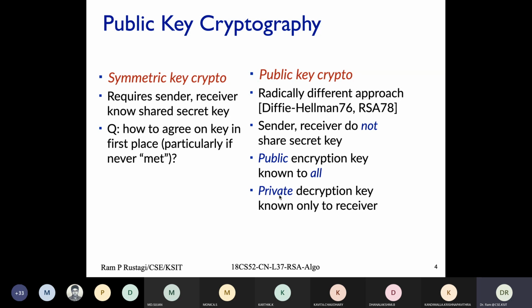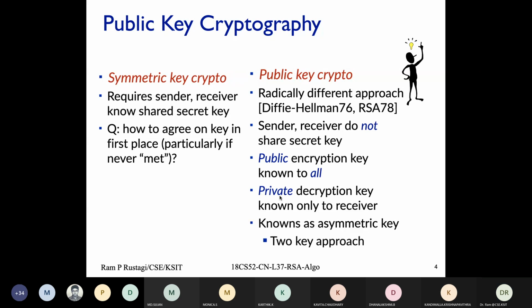So the private key is known only to a person, whereas the public key is known to everybody in the world. Whether the private key belongs to the sender or receiver depends on the application context in which the key is being used, and we'll look at those aspects in a while.